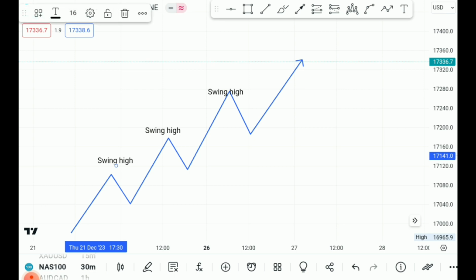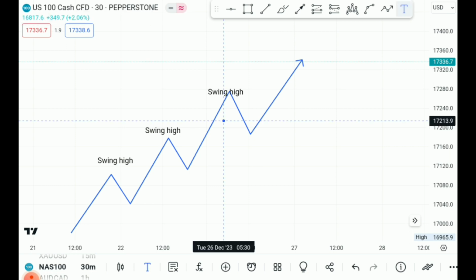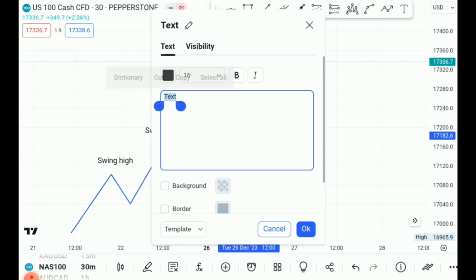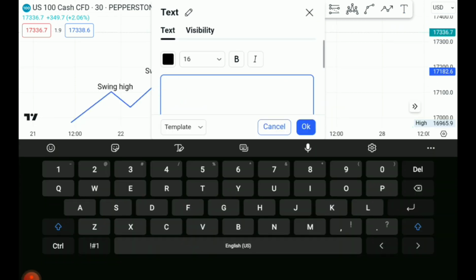And at the bottom of each pullback before the run begins, this is what we call a swing low. Let me put it down. Swing low. Swing low.